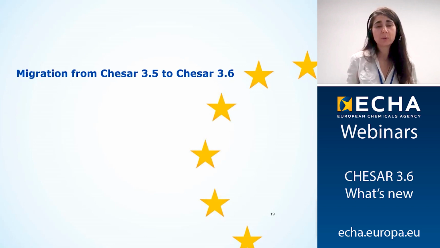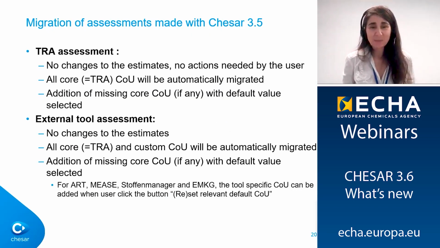And now let's have a look at what will be the implications during the migration between Chesar 3.5 and Chesar 3.6. For TRA assessments, no changes are made to the estimates. No actions are needed from the users, and all the core conditions of use, which are the ones sufficient for ESETOC TRA, will be automatically migrated. Of course, there will be an addition of the missing core conditions of use, if any, with the default value selected.